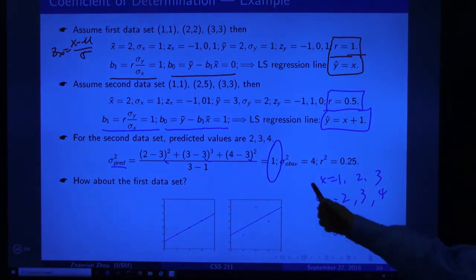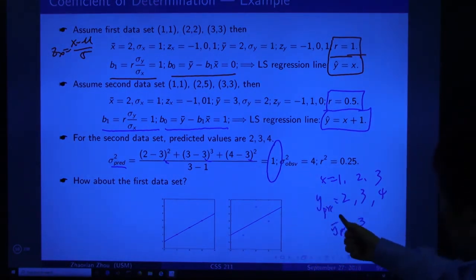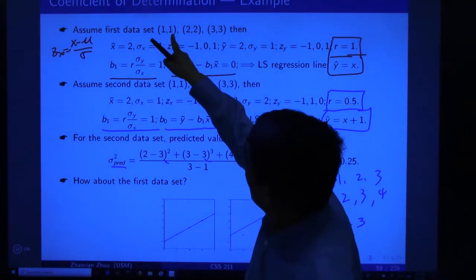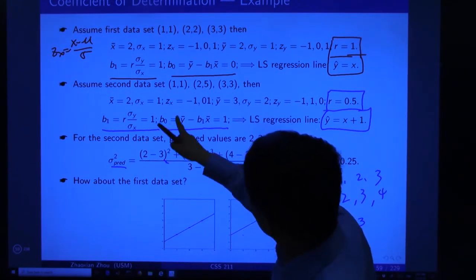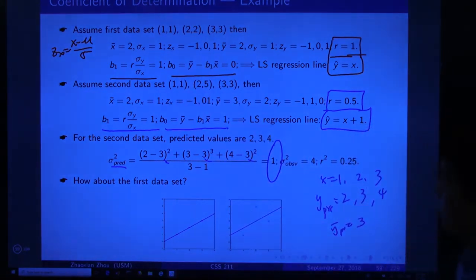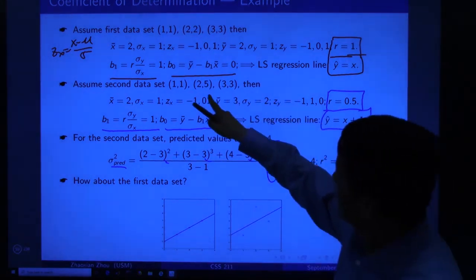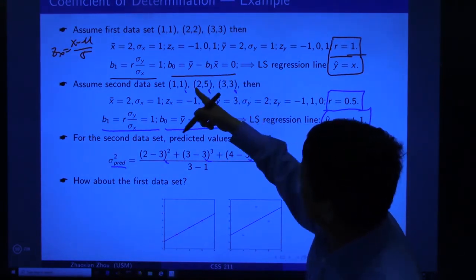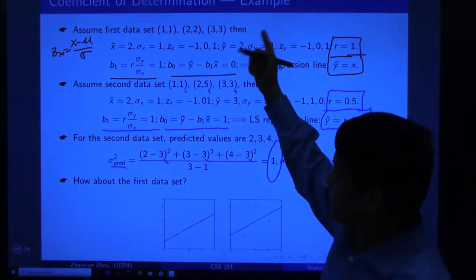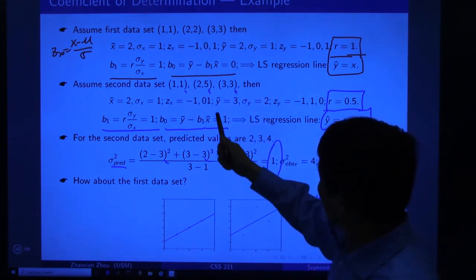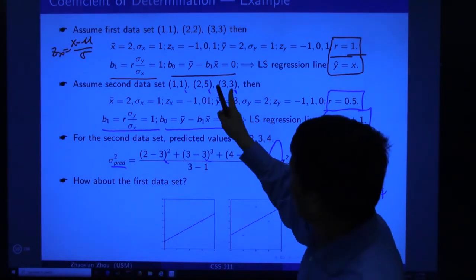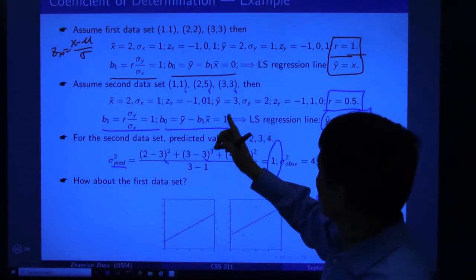How about the variance of the observed? The observed values are not 2, 3, 4. They are 1, 5, and 3. For the observed 1, 5, and 3, the mean equals 3. So for the first one, 1 minus 3 equals negative 2, squared equals 4.